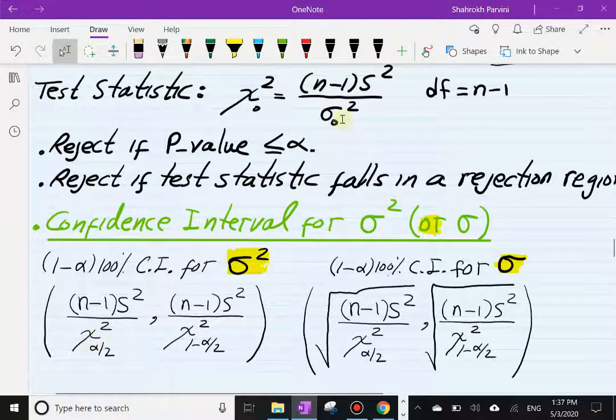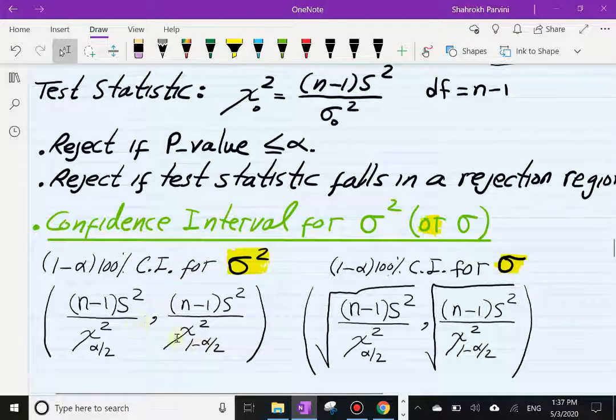Notice when you swap out sigma naught squared and chi-squared, you solve for sigma naught squared. That's what this becomes. So this is the lower limit, this is the upper limit, and look at the subscript. We're back to subscript alpha over 2, which means the area to the right is alpha over 2. And this would be chi-squared 1 minus alpha over 2. Again, the area to the right would be 1 minus alpha over 2, which means the left area is alpha over 2.